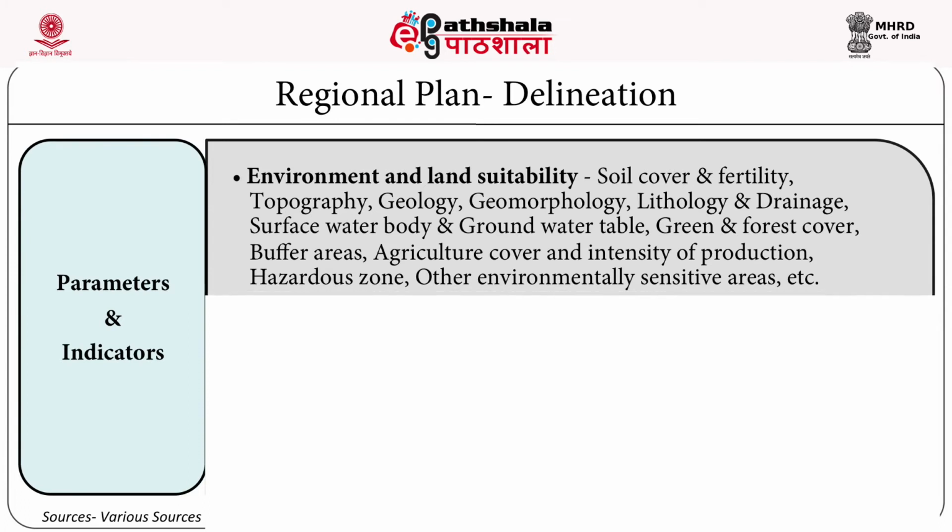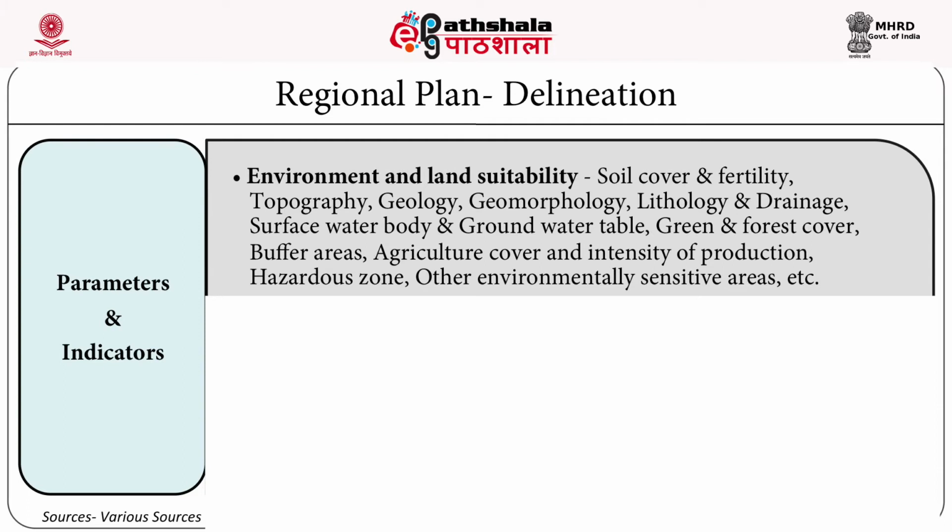Then the hazardous zones and other environmentally sensitive areas. So as far as the environmental suitability is concerned, we require these parameters, and based on this we develop a GIS based plan, so we can identify and get the base information before we plan for any region.